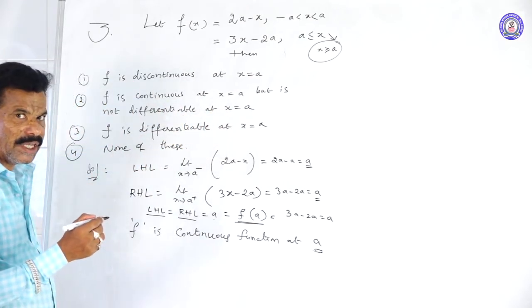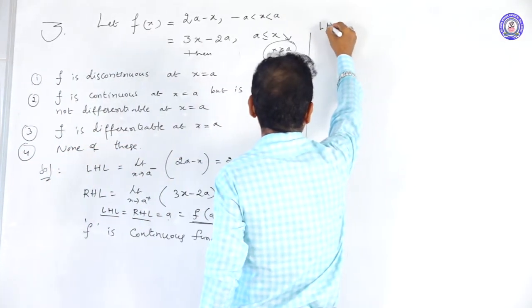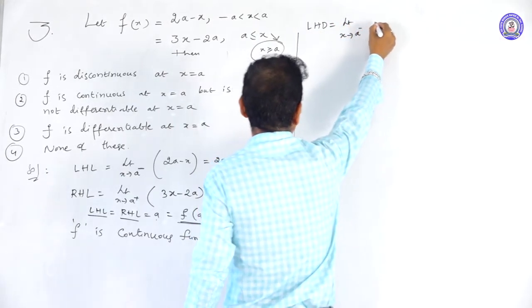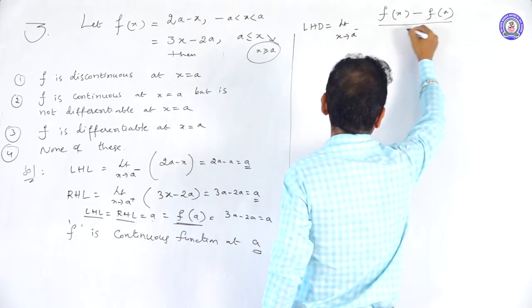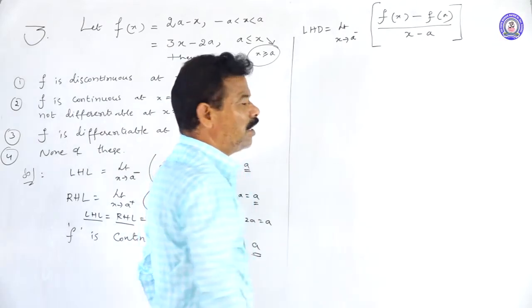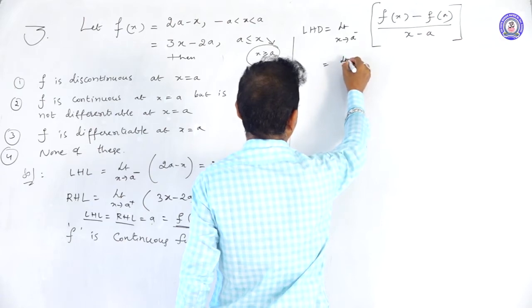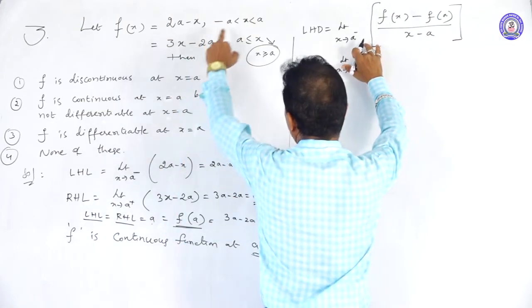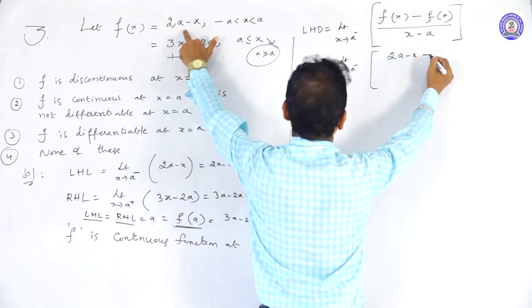So we find the left hand derivative and the right hand derivative. Left hand derivative: limit x tends to a minus, the formula is f of x minus f of a by x minus a. This is the useful formula, that is also differentiation, one of the processes. Here limit x tends to a minus, f of x is, for values less than a, 2a minus x, minus f of a.